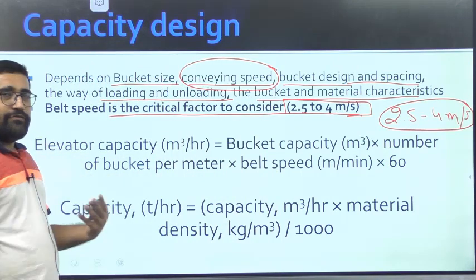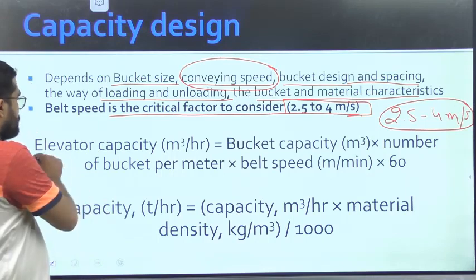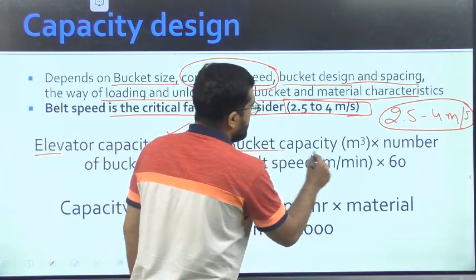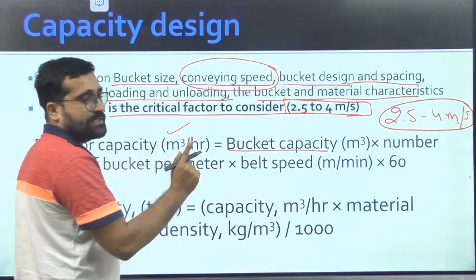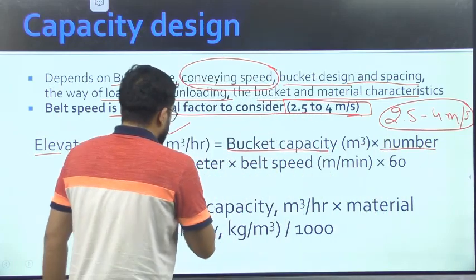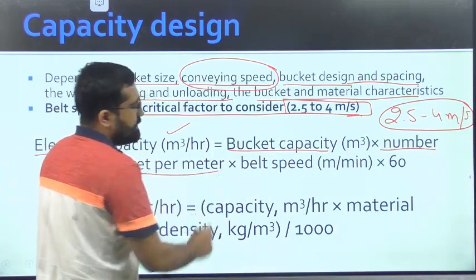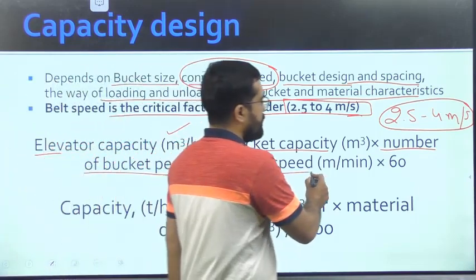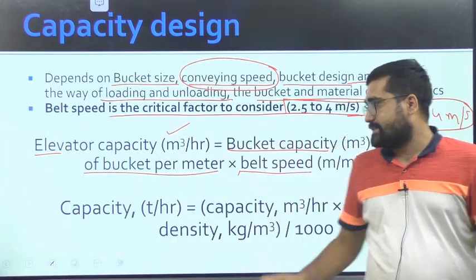So what is the formula for bucket elevator capacity? Bucket elevator capacity in meter cube per hour equals the bucket capacity, meaning one bucket's capacity, into the number of buckets per meter, how many buckets are there per meter, and into the speed of the belt, into 60.